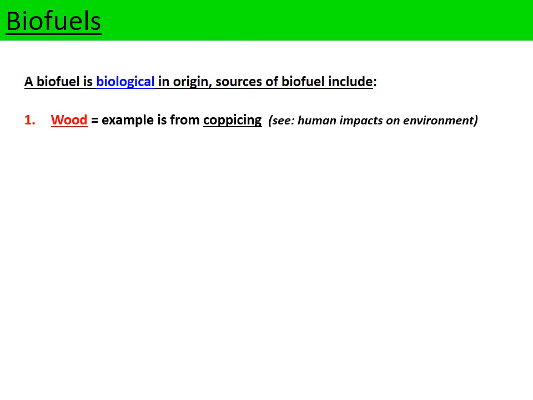So, for example, we know wood can be burnt, and that releases a large amount of energy, but we know wood comes from trees. Now, a process called coppicing is one way of generating wood as a biofuel, because we know if you've got a certain species of tree, what can happen?